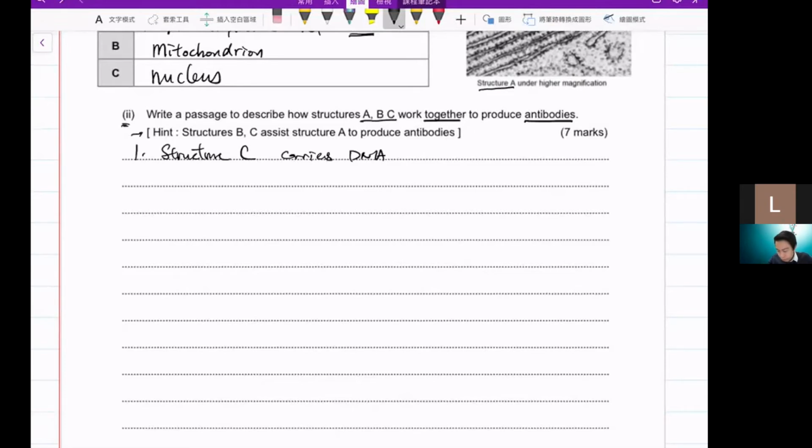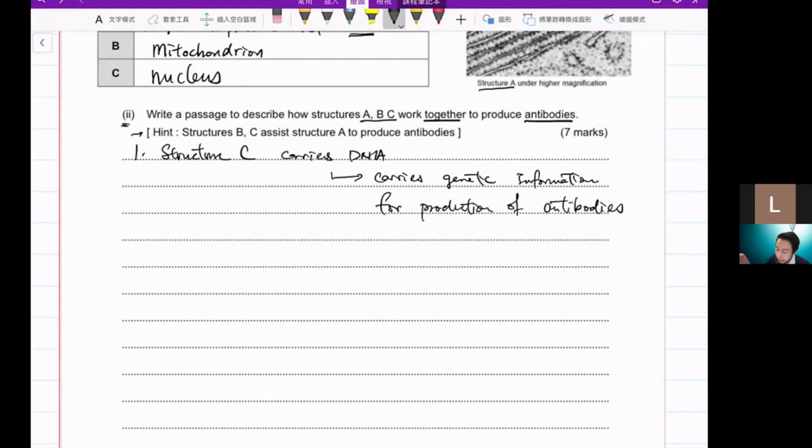Then, as we have mentioned in lesson, DNA carries genetic information. And this genetic information is for the production of antibodies.